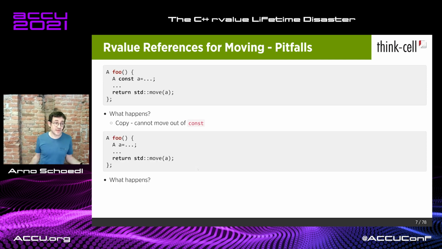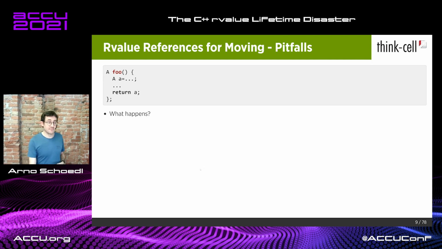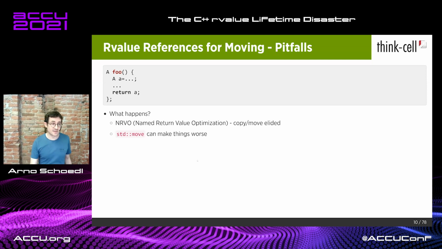Now you can correct that by making the a not const. That's certainly better. That's not as good as it gets, though. In this case, we do get a move. That's good. But there is one more optimization that C++ has built in. If you just omit the std::move altogether, you get something that's called named return value optimization.